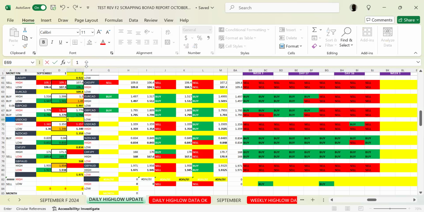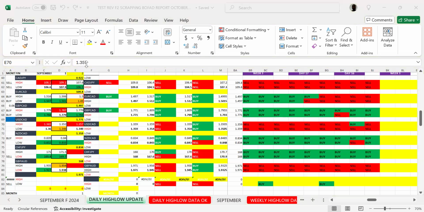At 1.815, you can see we have a sell all the way from 1.815. Now the market is at 1.771. So you can see now that at 1.771, the market is currently on a buy trend.